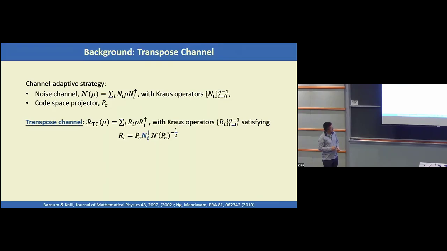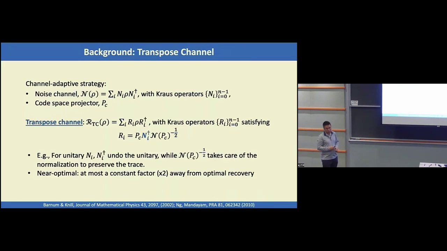But in order for this channel to be completely positive and trace preserving, you need to do some normalization and also projection. For a simple case, if the noisy channel is a unitary channel, then the N dagger undoes that unitary, and the other parts just take care of the normalization.